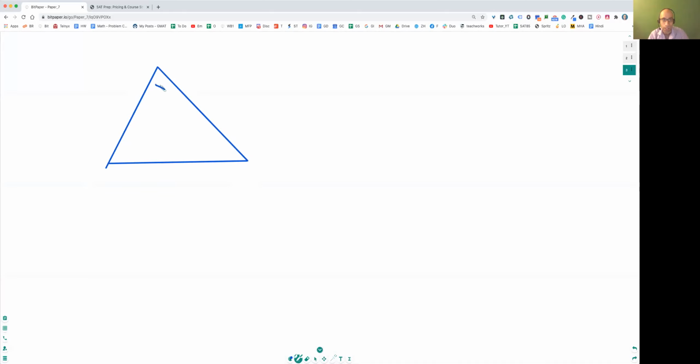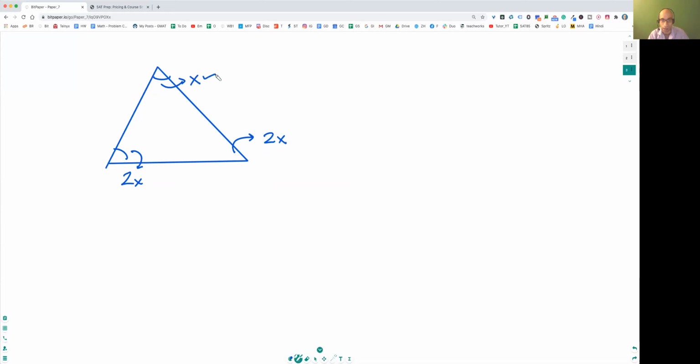Sometimes they're going to give you this angle's measure as X, just unknown. And this angle's measure, let's say they give you as 2X, and this angle's measure, they give you as 2X as well. Okay, so now let's try to find the angles. What does each of these mean? How are we going to do that?